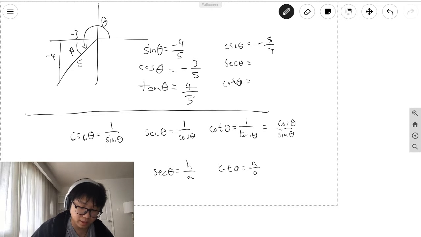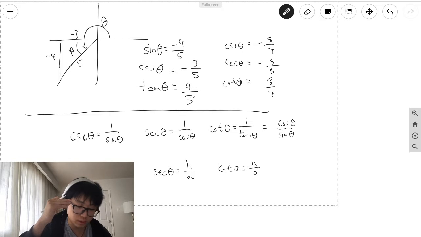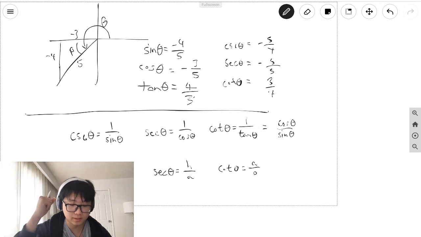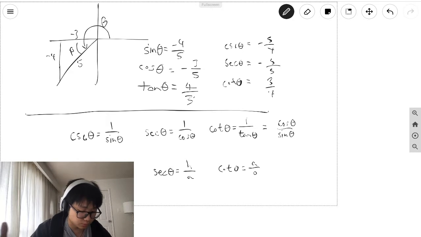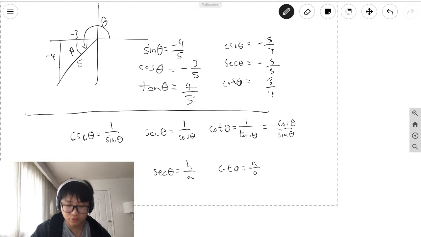So you can either read that off from the sine theta and just flip it, or you can go straight from the triangle, which is what I actually want you to do in that exercise. So go straight to the triangle, be like, hey, cosecant theta is really hypotenuse over opposite. And you should get that in your head just as fast as the sine, cosine, and tangent. But if not, you can always go with the original perspective, which is find the sine first and then flip it.